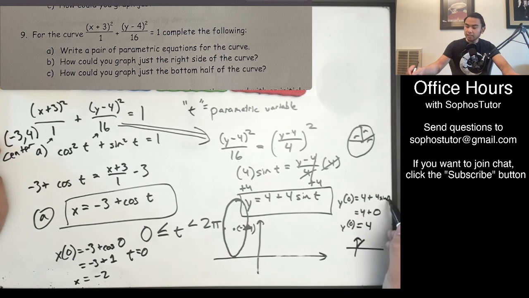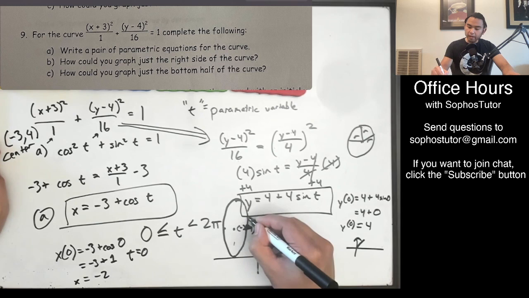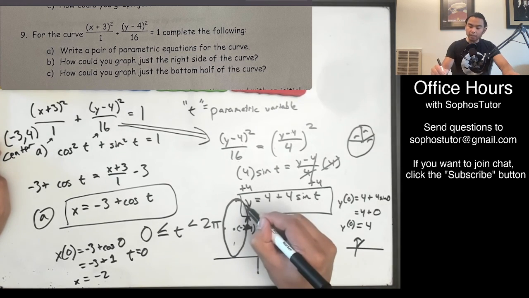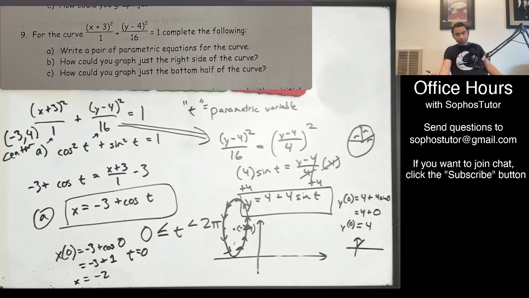So as t increases from 0, this value sine of 0 is going to increase, which means that this y value is going to increase. What that tells us is that when we have a starting point here at negative 2, 4, this particle is going to move upwards. So we can say that this particle, starting at negative 2, 4, is going to move in a counterclockwise direction around this ellipse, like so, and end at negative 2, 4.